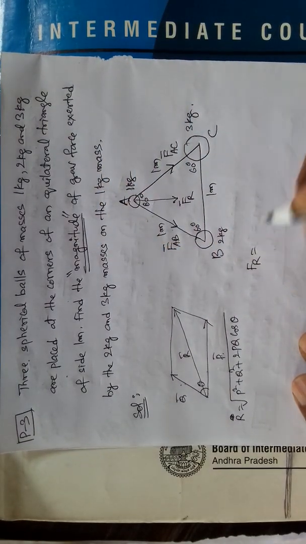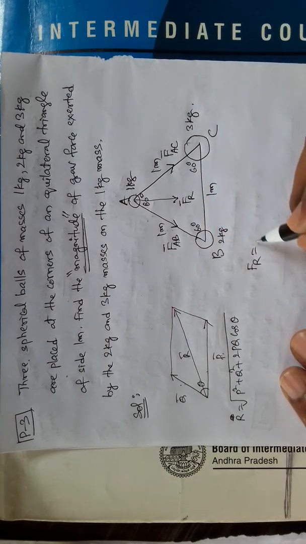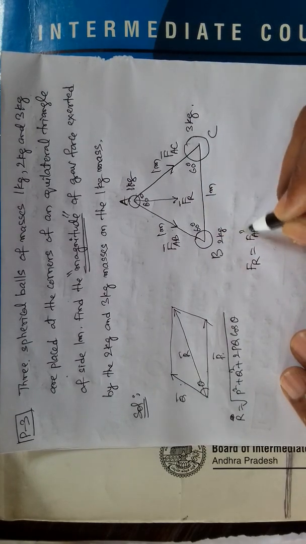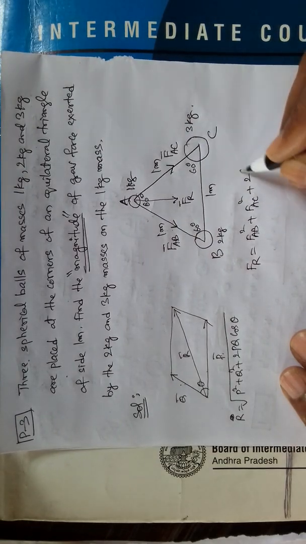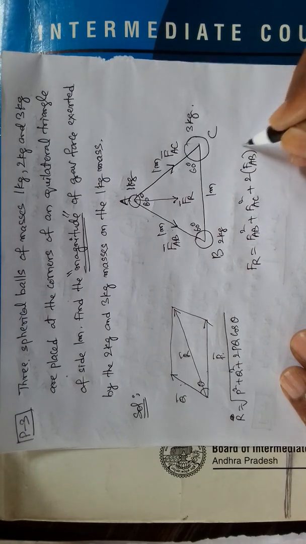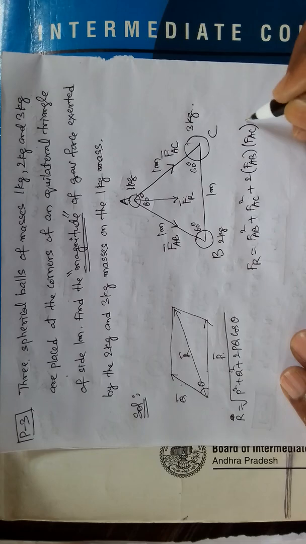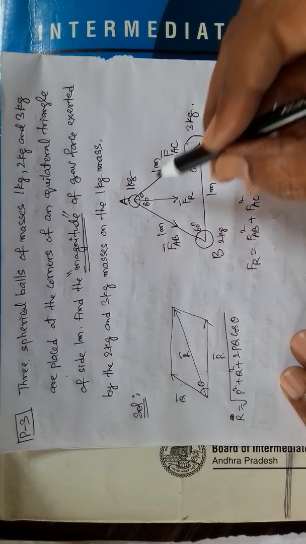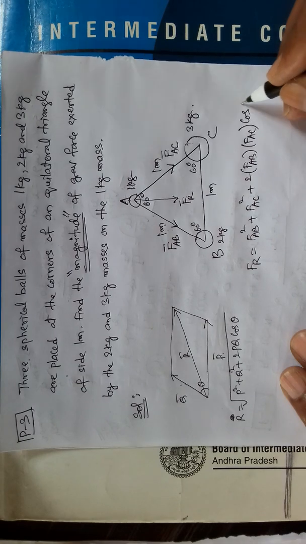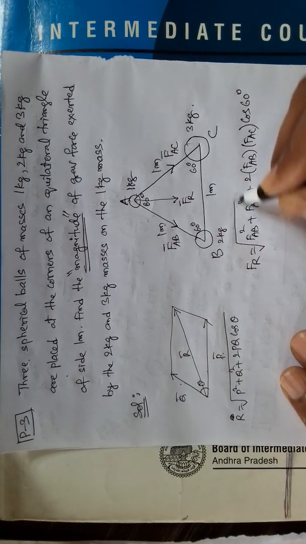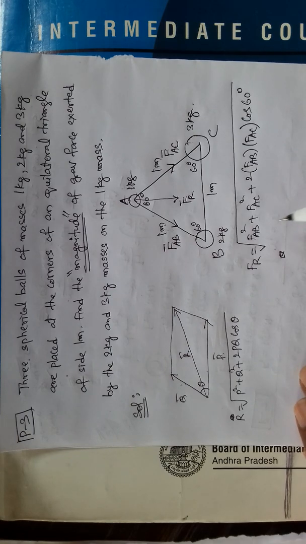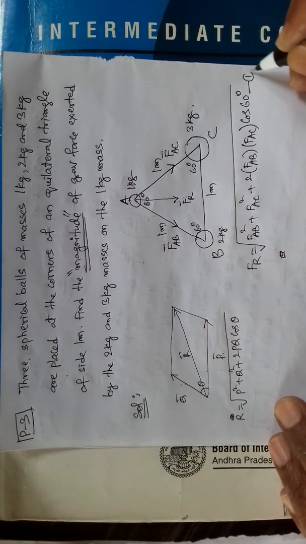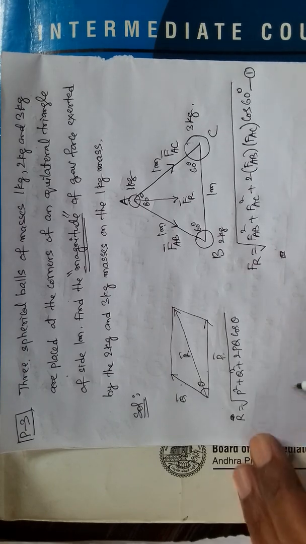Therefore, Fr is equal to under root Fab whole square plus Fac whole square plus 2 Fab into Fac cos, here the angle between two forces is 60 degrees. So this is equation 1. Now let us find Fab.